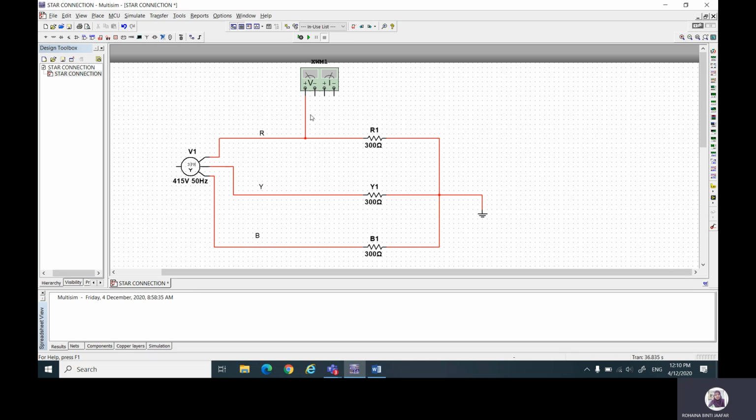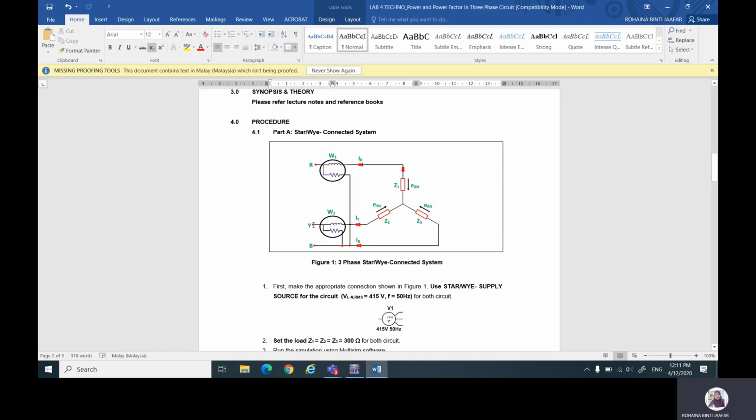For wattmeter 1, you have to tap the voltage between red and blue, and then you measure the current through the red phase. This is the connection for wattmeter 1. And then for wattmeter 2, you have to tap the voltage between yellow and blue, and then measure the current through the yellow phase.